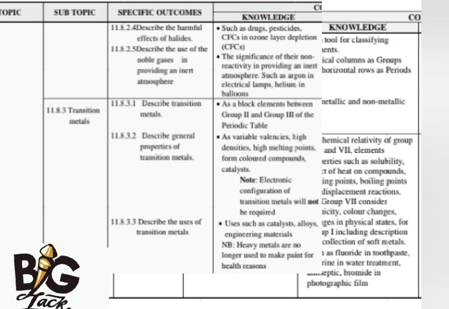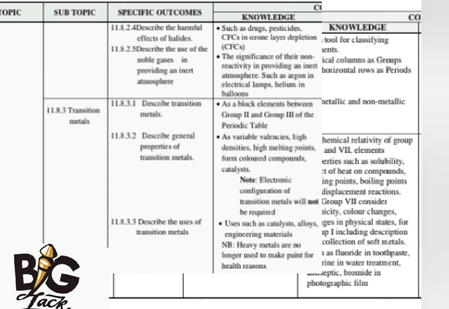Apart from that, they are also going to ask you the properties of transition metals. As for transition metals, they have high density, high melting point and boiling point. Apart from that, they also form colored compounds.